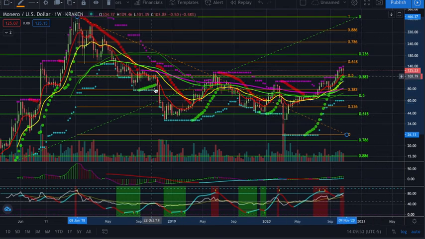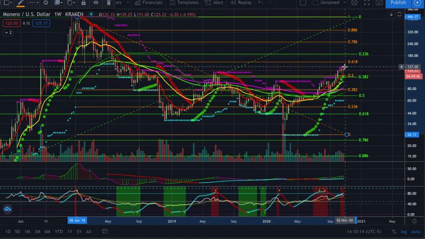So it would be like an inverted head and shoulders. This would be a shoulder, that would be our head, and then we put in one more shoulder right here, and then the measured move would potentially be back to the 886 or even a double top, potentially 786. But this could potentially be developing a long-term pattern that could look bullish.